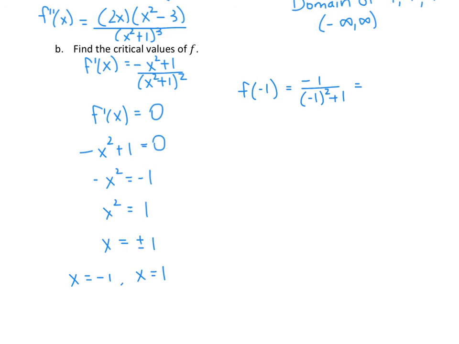So we end up with negative 1/2. And then if we plug positive 1 into our original function, we have 1 over 1 squared plus 1. So we end up with positive 1/2. So our critical points then are negative 1, negative 1/2, and then positive 1, positive 1/2.